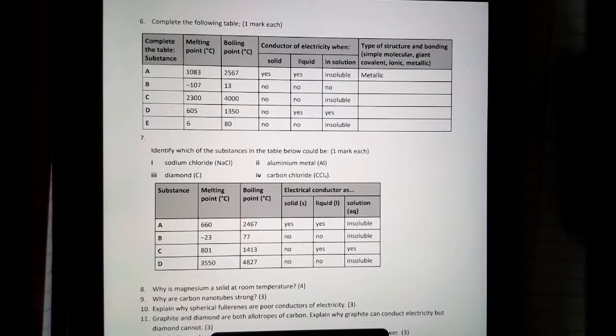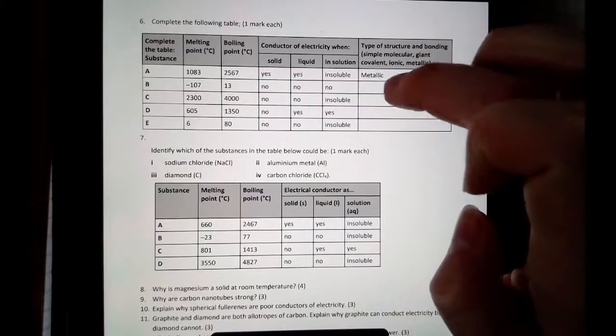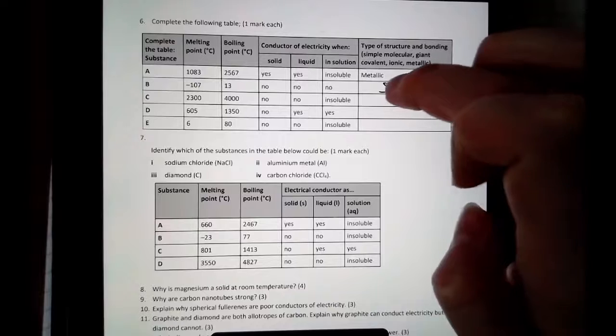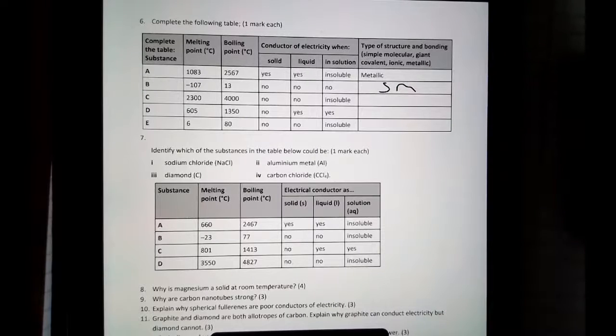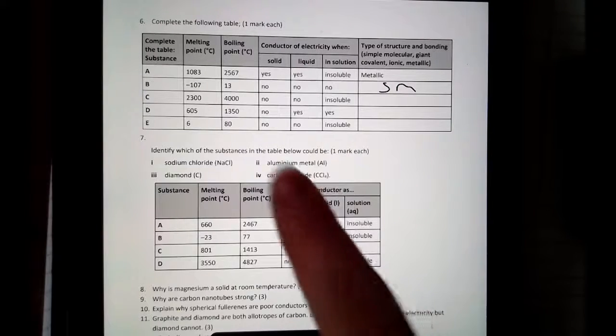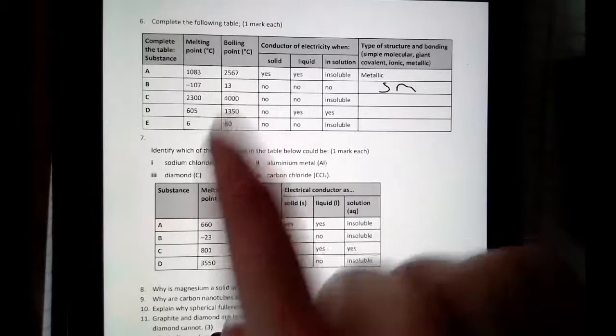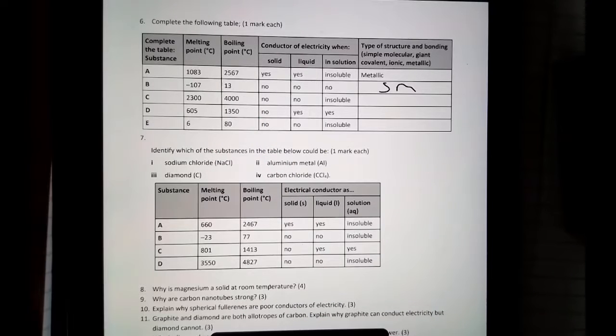That tells you that there's not a strong attraction between the particles. There must be a weak force between the particles. The only weak force we've learned about is weak intermolecular forces, and weak intermolecular forces occur when you've got a simple molecule. So I'm just going to write SM there for simple molecule. You must have a simple molecule if the melting and boiling point are that low, because it's a liquid or gas at room temperature.